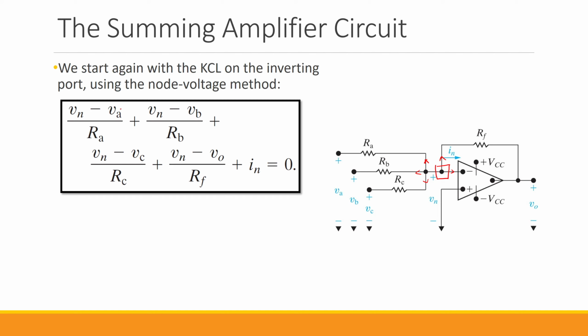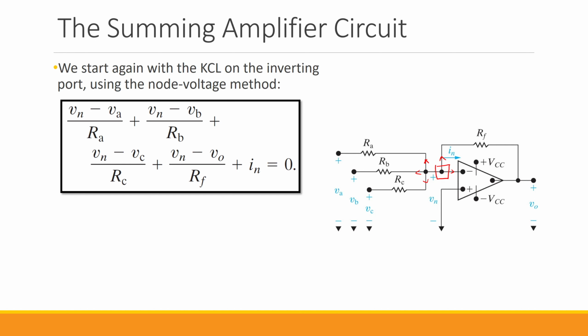This is Vn minus Vb over Rb. This is Vn minus Vc over Rc. For the current that leaves this node and goes to RF, we have Vn minus Vo over Rf. And for the current that leaves this node and goes through the inverting terminal, I simply write it as In.